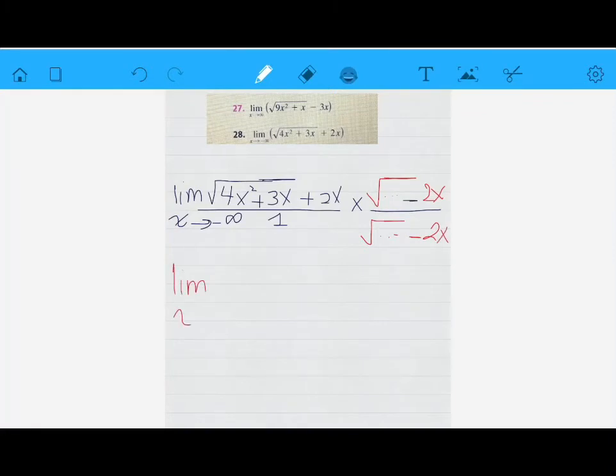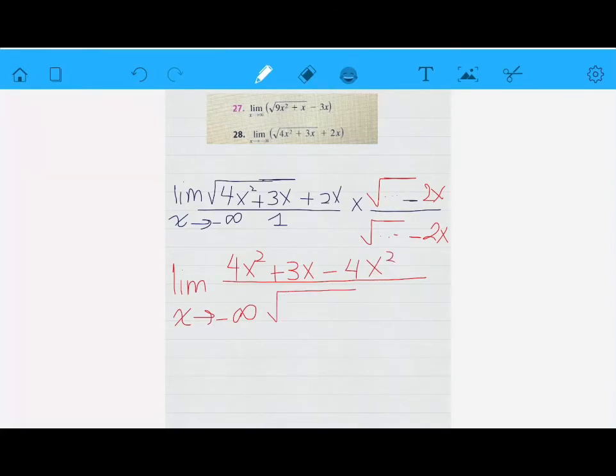Now we multiply, the same things. The first bracket with the second, radical 4x squared plus 3x, plus with minus gives a minus, 4x squared.